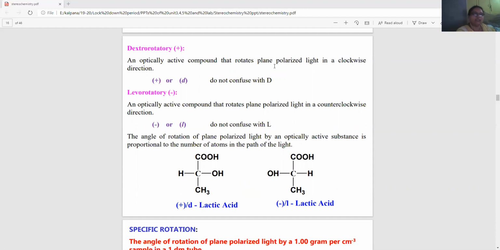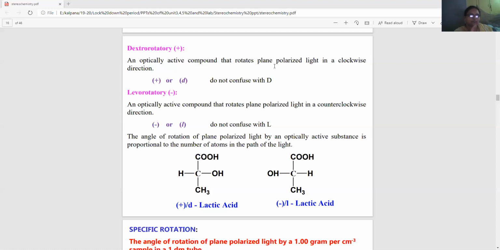Then levorotatory: an optically active compound that rotates the plane polarized light in a counterclockwise direction, that is the anti-clockwise direction, is called levorotatory. So if the compound rotates the plane polarized light in a clockwise direction, it is called dextrorotatory and is given a plus sign.